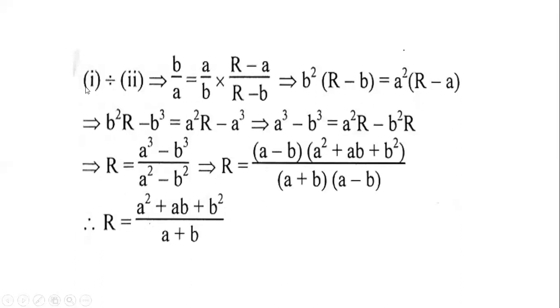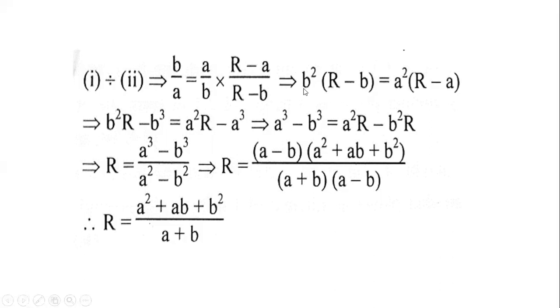If we divide 1 by 2, then we get b by a equals (a by b) into (R minus a) by (R minus b). From this, we get b²(R minus b) equals a²(R minus a).